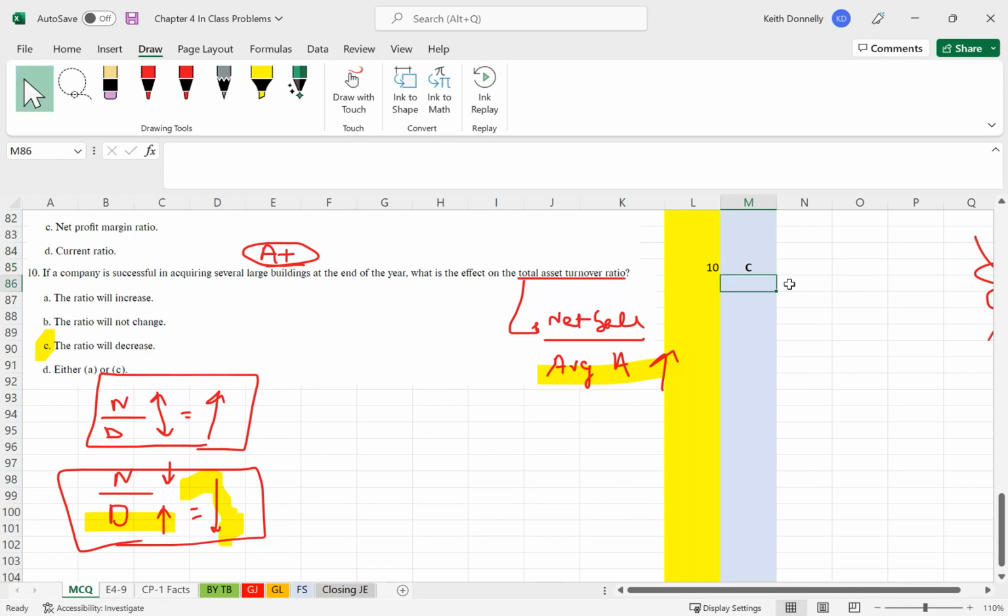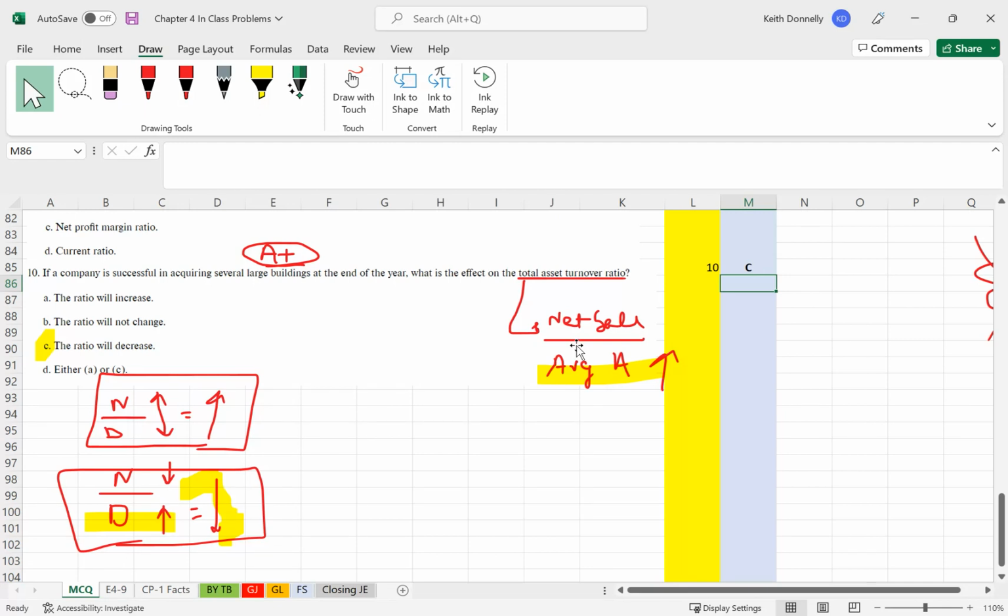With those ratio questions, like I said, there's a variety of different ways I can test you. One might be, can you please just tell me the equation for total asset turnover ratio? Or I could give you some facts and say, could you please tell me what the turnover ratio is? Calculate it. I could also ask you, what are we getting at whenever we look at the total asset turnover ratio?